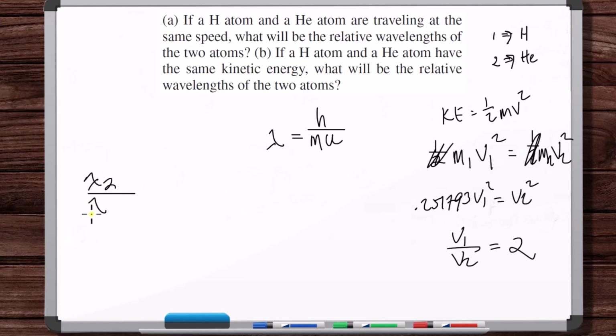Lambda 2 over lambda 1 is equal to h over m2 u2 times m1 u1 over h. These cancel. u1 over u2, that's the velocities, is 2.